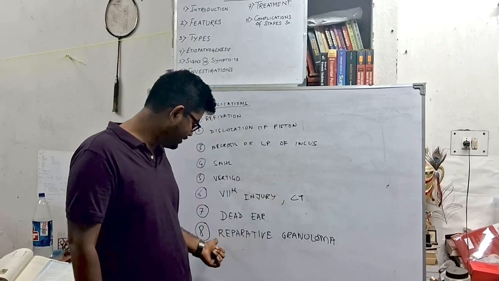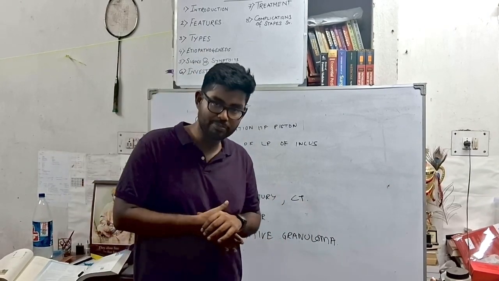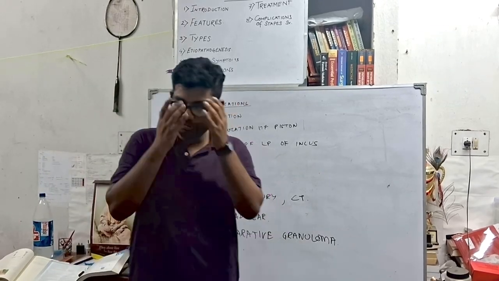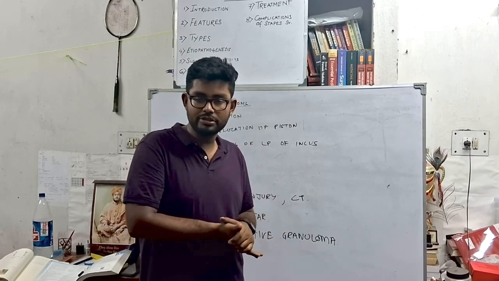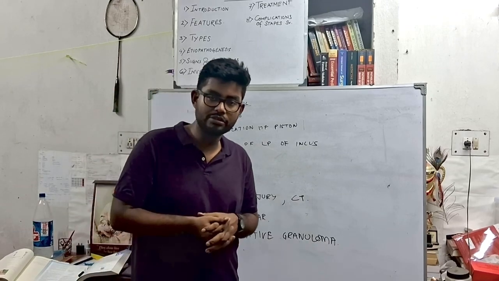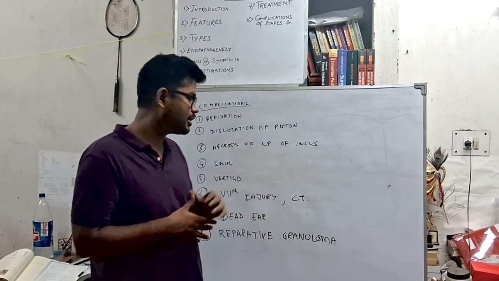Now this is a little rare complication, but it is quite important as well: a reparative granuloma. What is a reparative granuloma? It occurs more in stapedotomy, and though a clear etiology is not known as of yet, it is suspected to be due to a foreign body reaction from the piston.